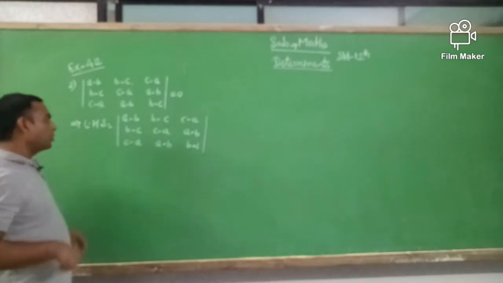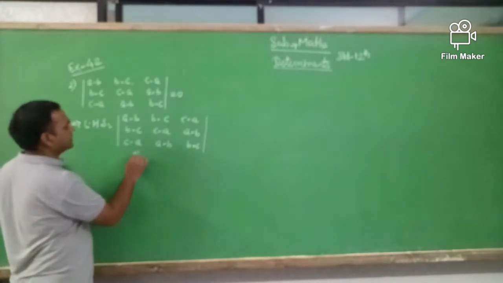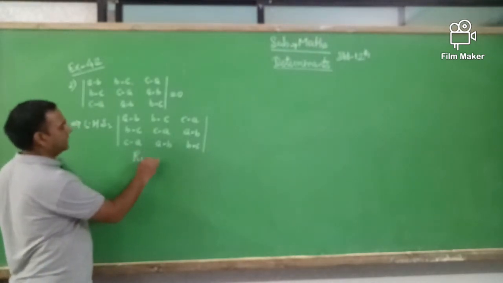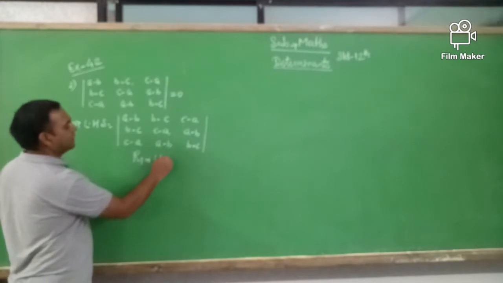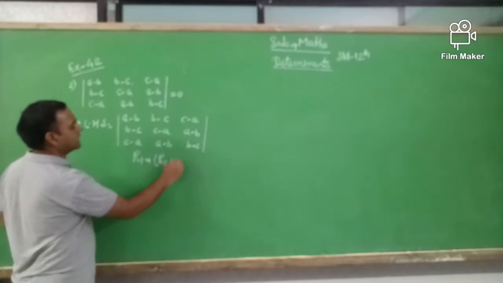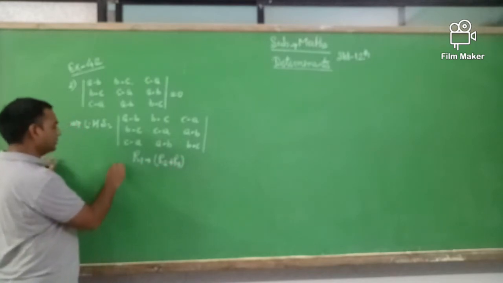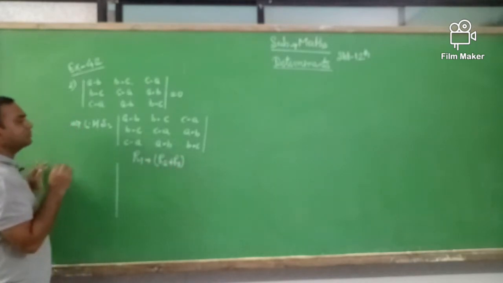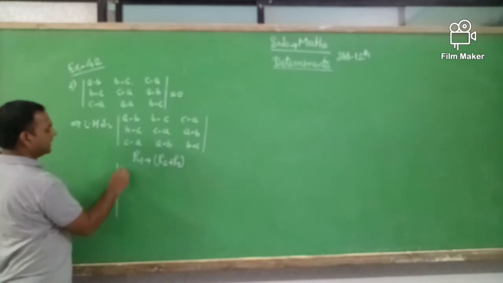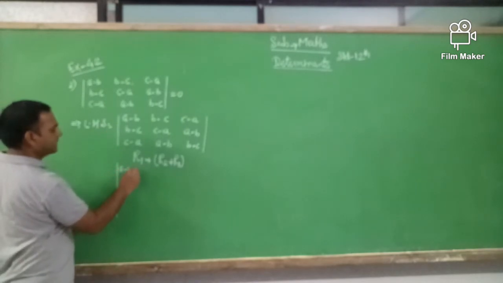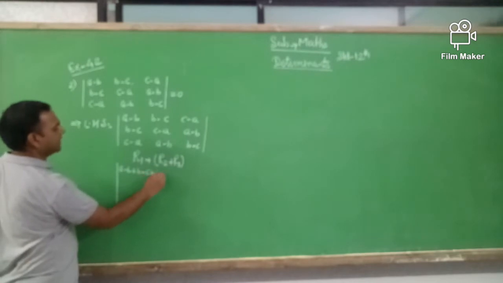After that we apply the property. Here we take the first row R1 plus the sum of the second row R2 and third row R3, and add it into the first row. So the first row becomes a minus b plus b minus c plus c minus a.